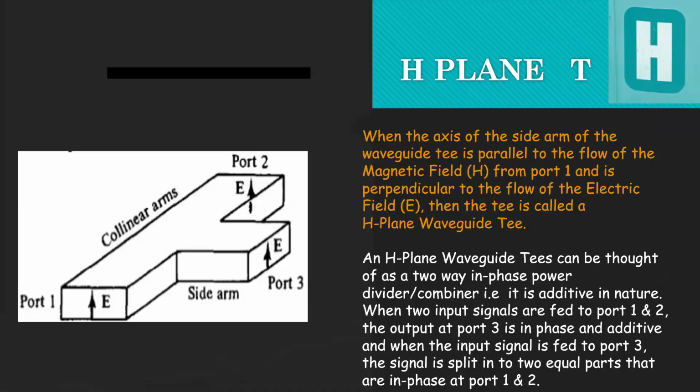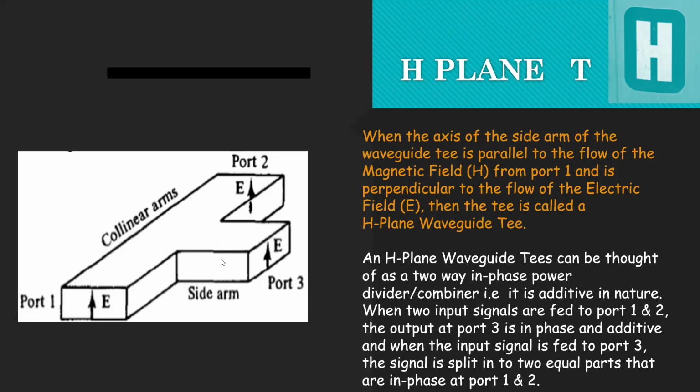The next type is the H-plane T. Even this has a collinear arm and a side arm, but the side arm is cut along the width and placed on the collinear arm. As you can see here, the width, whereas in the E-plane it was cut along the breadth. That is the difference you have to notice here.